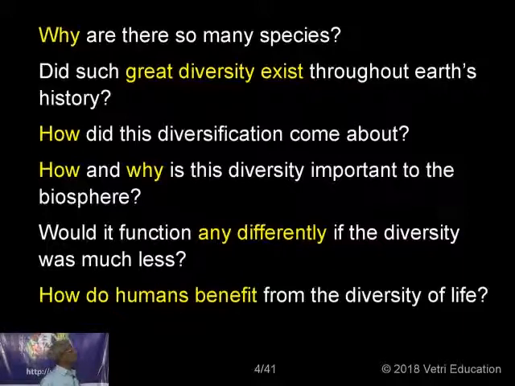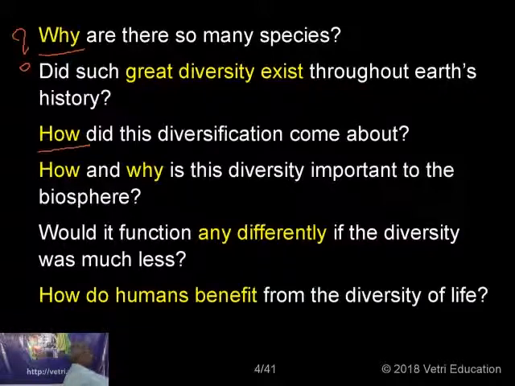Why are there so many species? Come on, tell me. Did such a great diversity exist throughout the Earth's history, or is today's a new phenomenon? Was this diversity existing in nature previously? How did this diversification come about in nature? How and why is this diversity important to the biosphere? How is it related to human society?